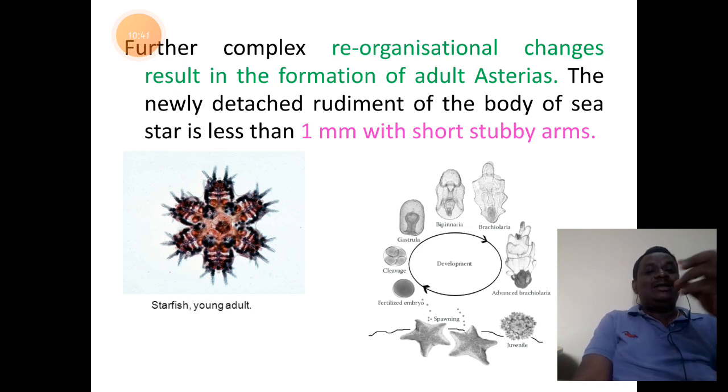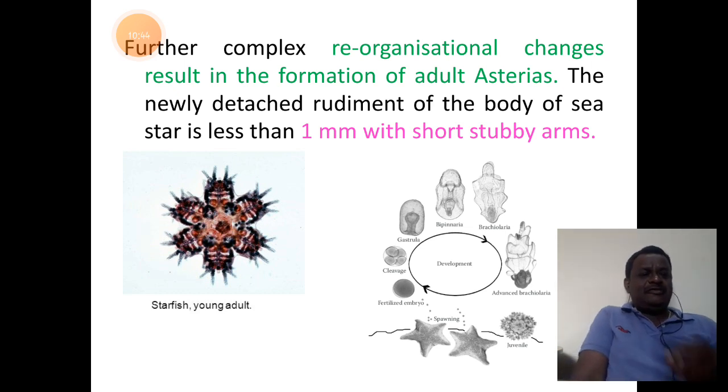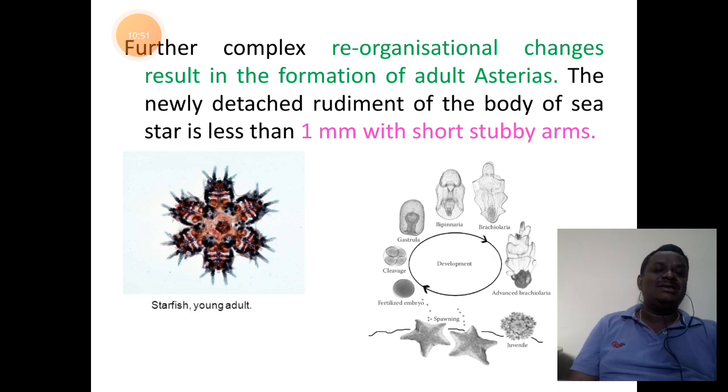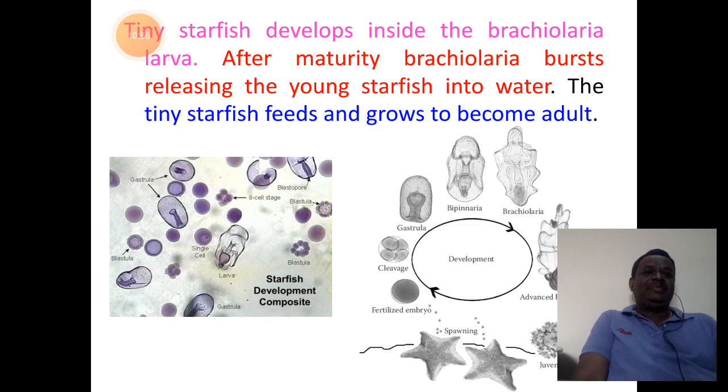Remember students, the total change from larval form to the adult characters in the miniature of starfish is seen within the body of brachiolaria larva. Now, after the maturity, the young starfish starts bursting out of the brachiolaria larva and comes out into the water. So this tiny starfish starts feeding and then grows to become adult.